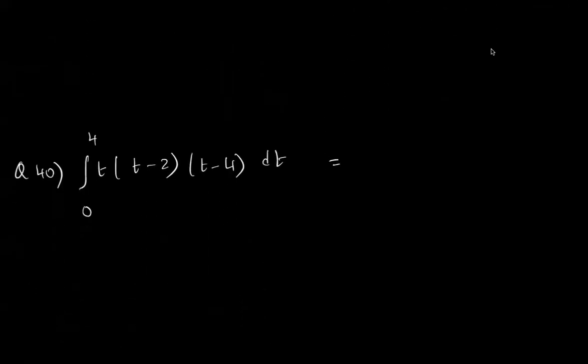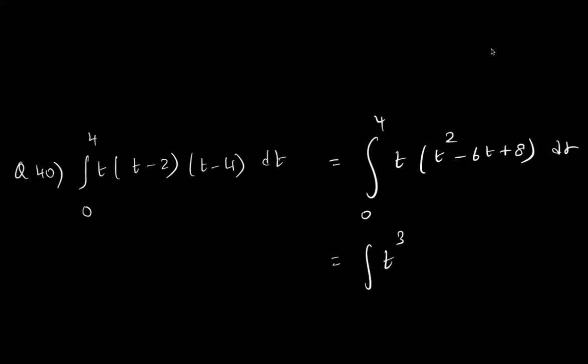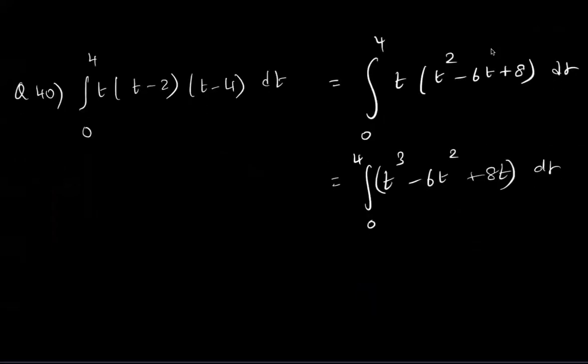Okay, here distribute first. So I have t times t squared minus 6t plus 8 dt. And then I distribute it to get t cubed minus 6t squared plus 8t dt between the limits 0 and 4. Then I evaluate it.